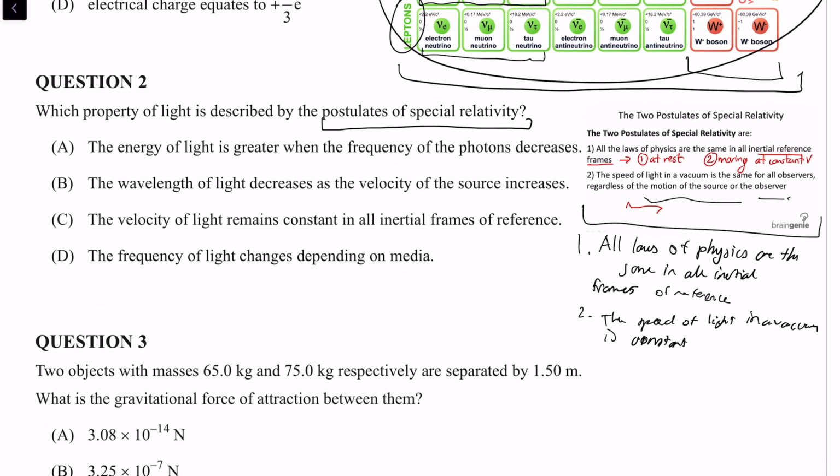So you can see it's not about the energy of light that's greater, not about the frequency. Nope. So we can cross out these variables, not relevant. Wavelength of light decreases. No, we're not talking about wavelength. Velocity of light remains constant in all inertial frames of reference. Yep, that's my green flag there. And then if we want to check D, frequency of light changes depending on media.